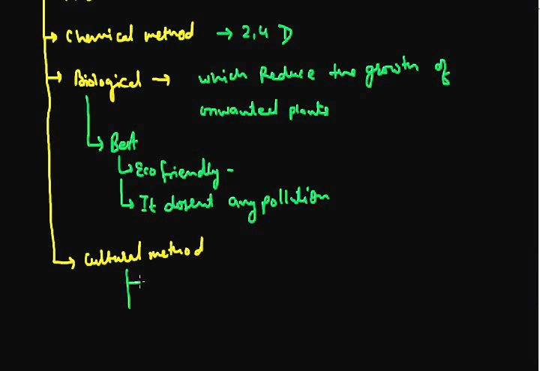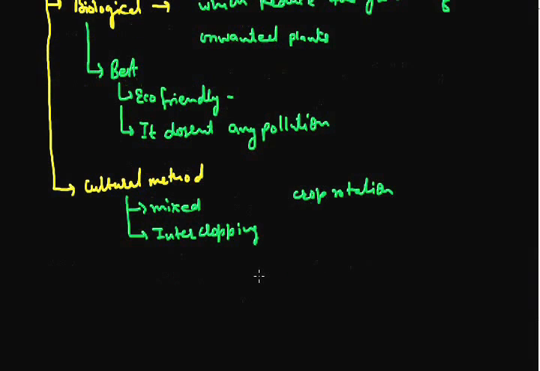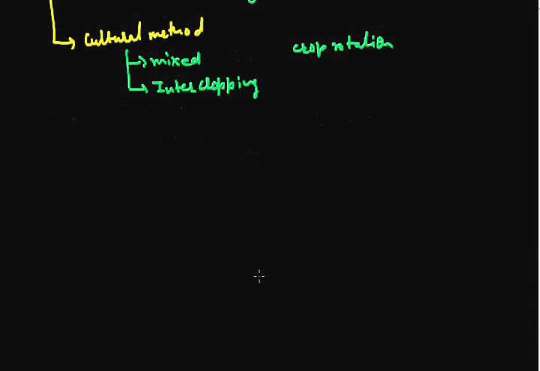For example, mixed cropping, intercropping, and crop rotation. These are techniques used to reduce the growth of unwanted plants. We call them cultural methods. So these are techniques useful to control unwanted plants in the agriculture field.